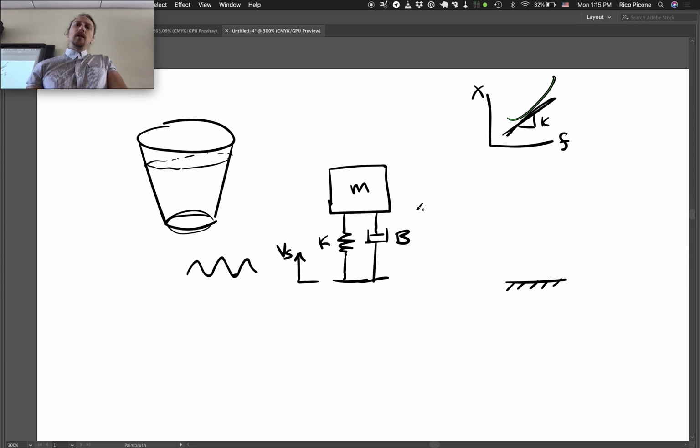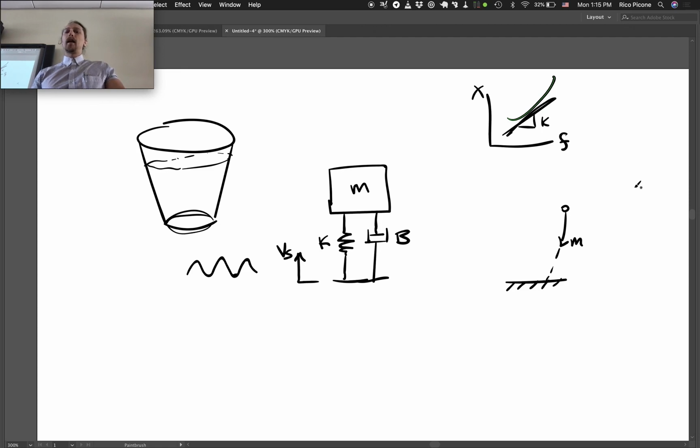And whenever there's a mass in our system, we have a mass node, right? So there's going to be a mass node. The mass node always connects to ground because the elemental equation for the mass node is F equals ma, Newton's second law. So we've got to have that inertial reference frame.